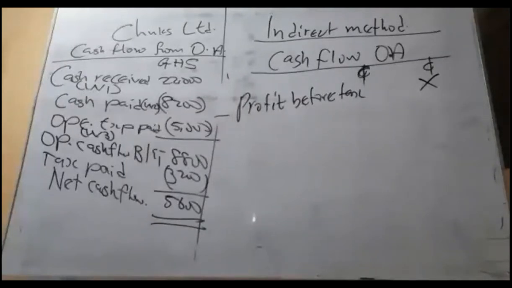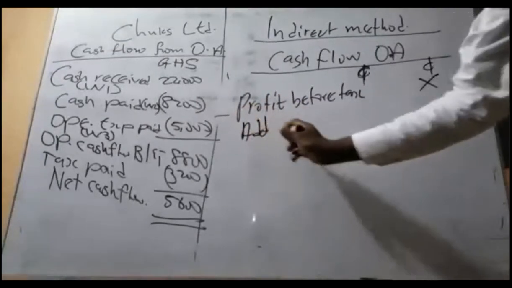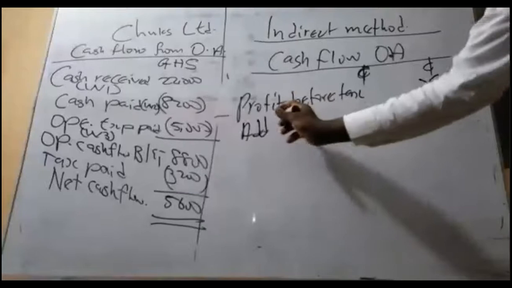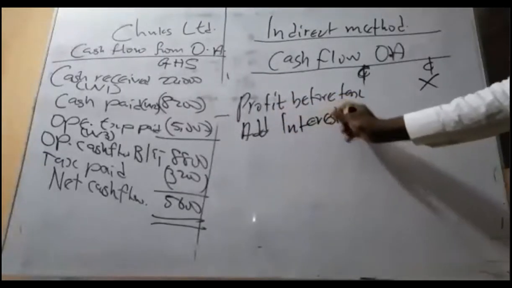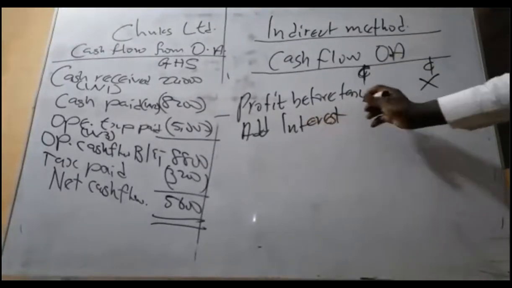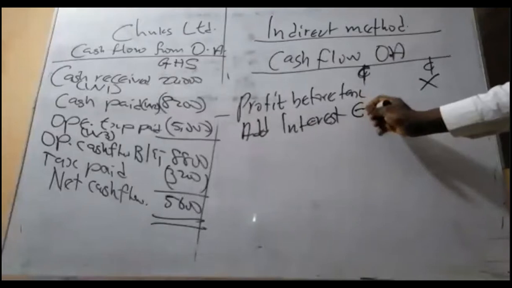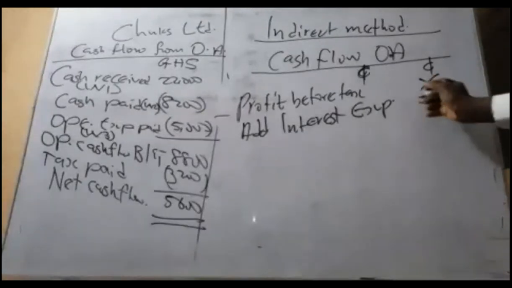Immediately add back interest expense or finance cost. So immediately add what? Add back interest expense. As soon as I write it, I add the interest expense to it. That's the finance cost in a profit and loss statement. Interest expense, immediately add it.